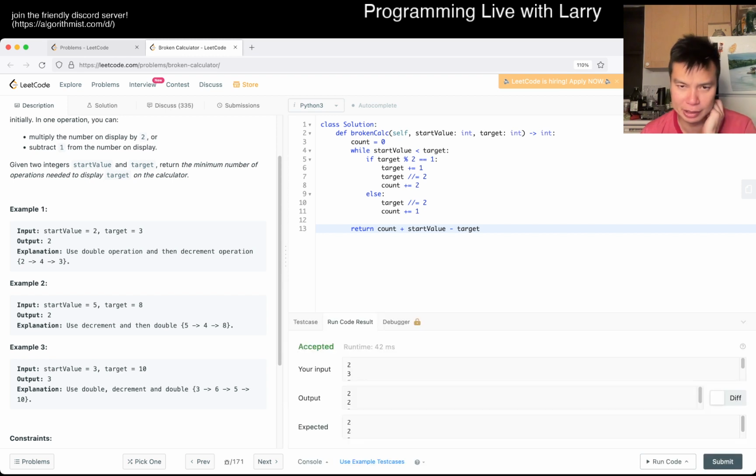I think my explanation is terrible though, because these mathematical problems are a little bit tricky. But the idea is that if you have one operation, you always want it to be halving, because you want to get the target to be smaller than the starting value, so then you can add to it.